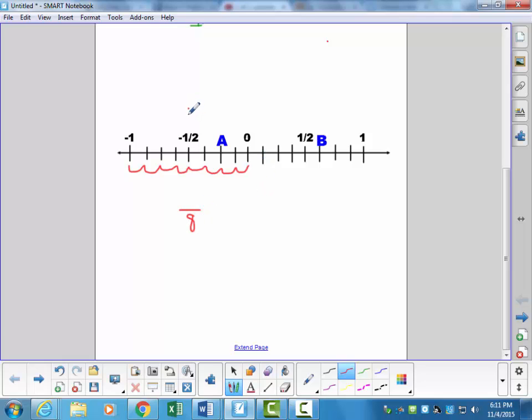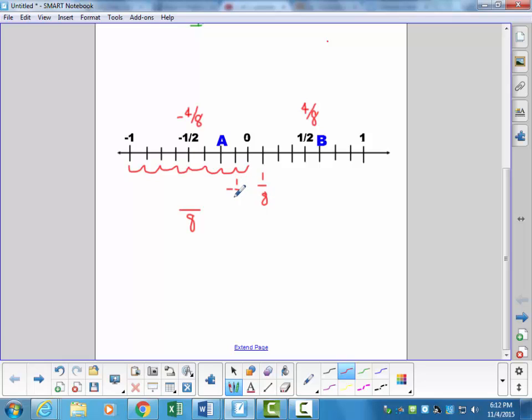Now, let's figure that out. So 4/8 is the same as 1/2. Okay, and that's a negative on this side. And on this side, we would have its opposite, 4/8 over here at 1/2. And we remember we said that each one of these lines is worth 1/8.